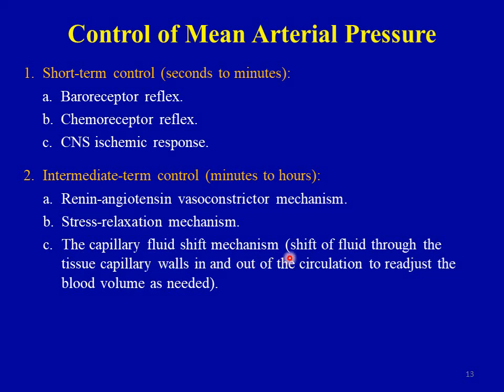This includes shift of fluid through the tissue capillary walls in and out of the circulation to readjust the blood volume as needed, because a change in the blood pressure or mean arterial pressure will affect the capillary hydrostatic pressure, and this will affect the net filtration pressure, so we'll have less filtration and more reabsorption, so fluid will move from the tissue back to the capillary, depending on the blood pressure level.